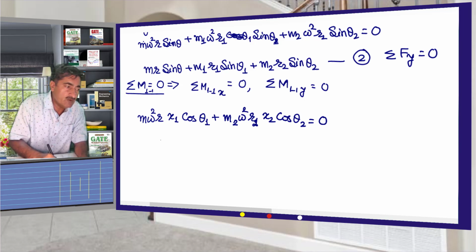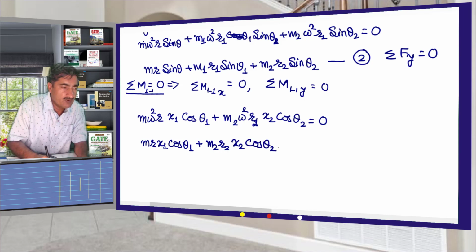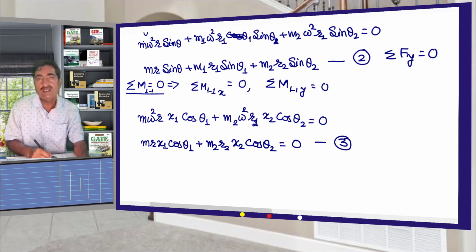Omega square cancels out, then m1 r1 x1 cos theta 1 plus m2 into r2 into x2 cos theta 2 equal to 0, equation number 3.